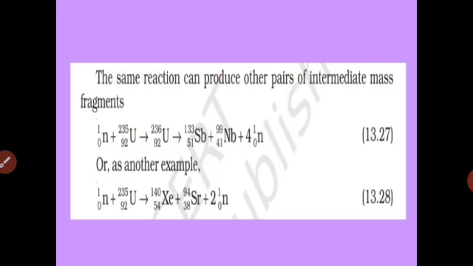Another example is with the same uranium on the left hand side bombarded with a neutron, it gives Xe, that is xenon, and Sr with 2 neutrons. So it is a combination of different elements which will be formed, and there is no rule specified for the formation. It is just an instantaneous and spontaneous process.